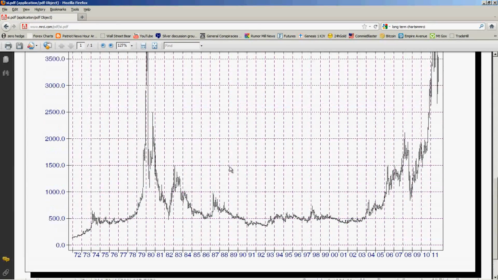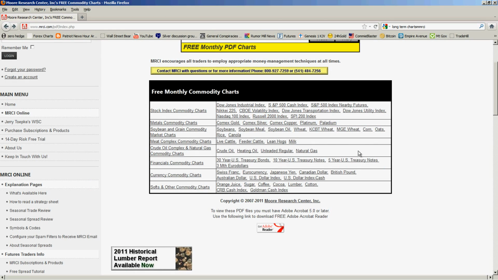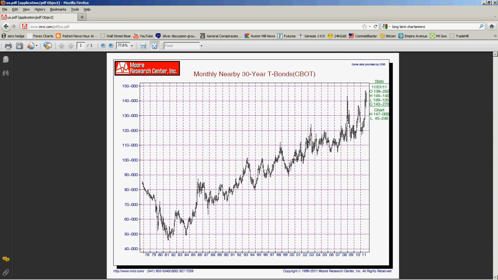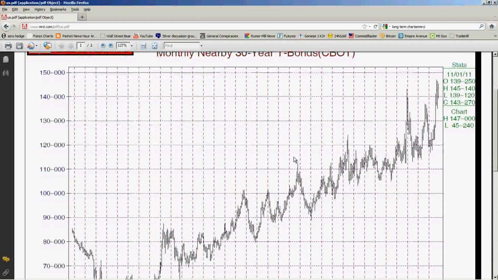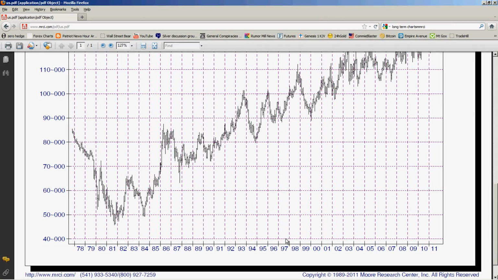Now I wanted to look at a couple other charts here from Moore's site. The first one being the interest rate futures, specifically the 30-year and 10-year bonds. We've heard a lot about the fact that people believe that silver and gold are in a bubble. But as you can see, I believe that this is the actual key bubble to all the markets.